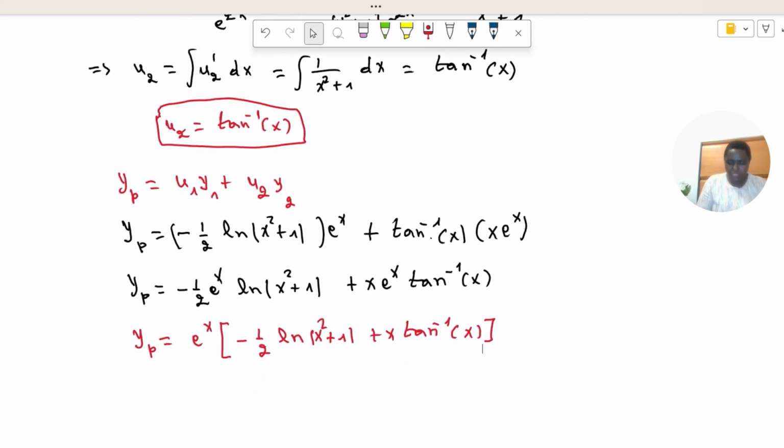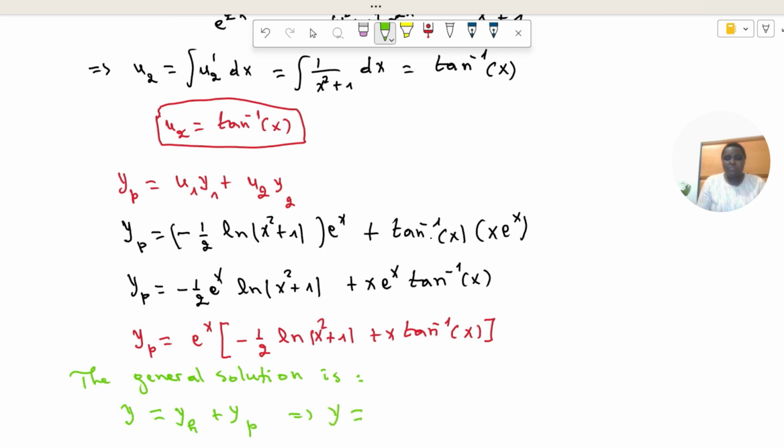So y equal to yh plus yp, which is y equal to, and do you remember the homogeneous solution that you have obtained?